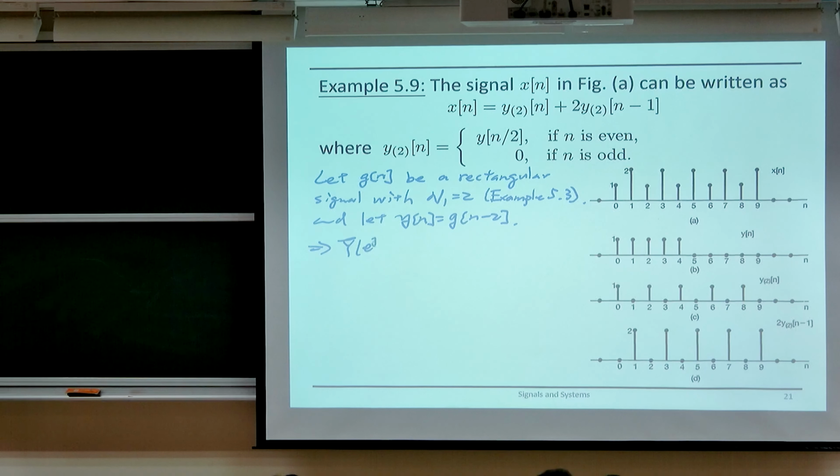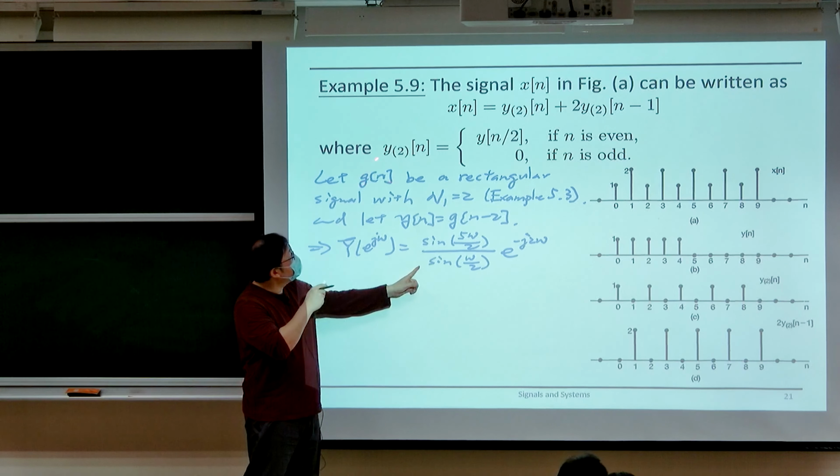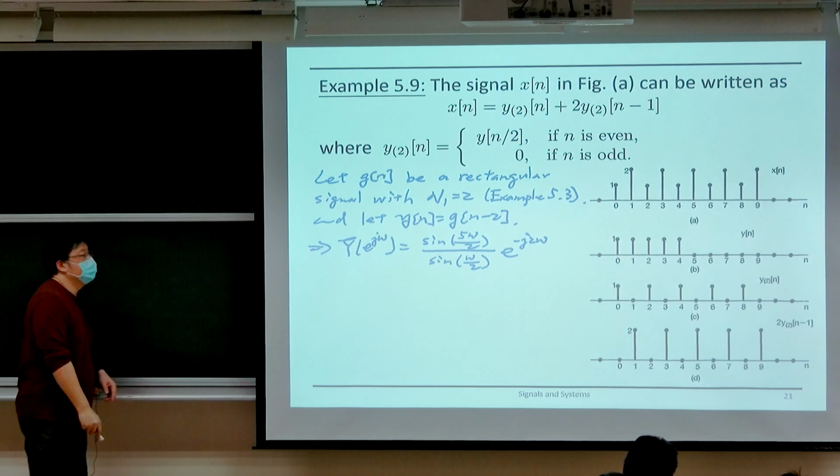Therefore, the spectrum of y is just the spectrum of g, which is sin(5 omega over 2) divided by sin(omega over 2), times a phase shift, e to the minus j 2 omega. This is the Fourier transform of g, and this accounts for the time shift of 2.